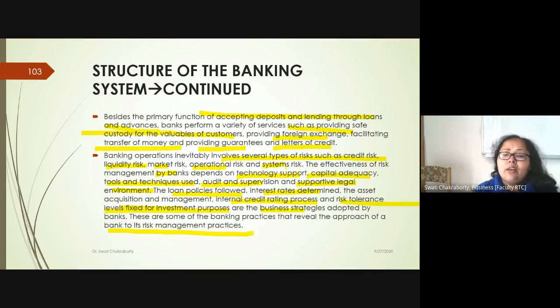So what are the different types of practices that the banks have? That tells us how effective the bank's operating structure is, and what is their approach in tackling risk management. And what sort of practices do they have to tackle this issue of risk management?